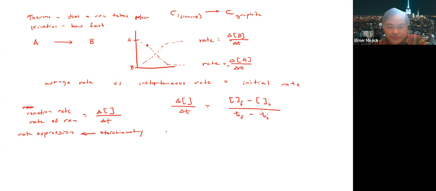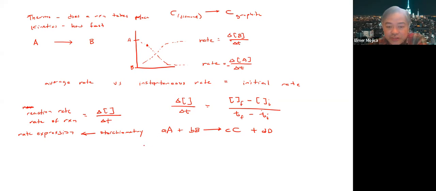So kapag nagdi-deal ka ng rate expression, usually you have it like this. So the big letters are the reactants and the products. The small letters are the stoichiometry of both the reactants and the product. So if you're going to look at the rate expression, again, both the reactants will have negative.